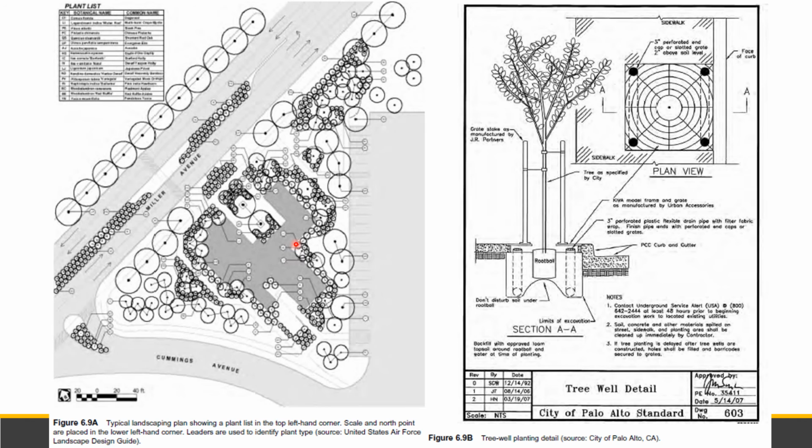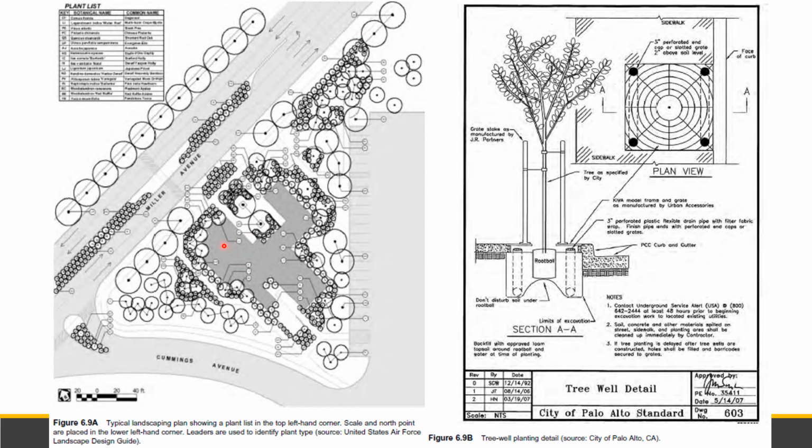This is an example of a landscaping plan showing a plant list on the top left-hand corner. Here it is indicated with letters, and those letters correspond to the plants. This follows the landscape on the entire location or project.